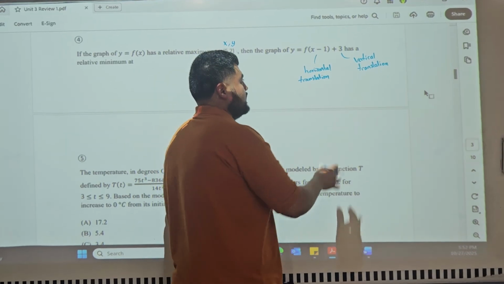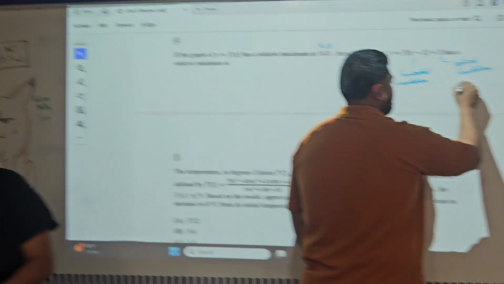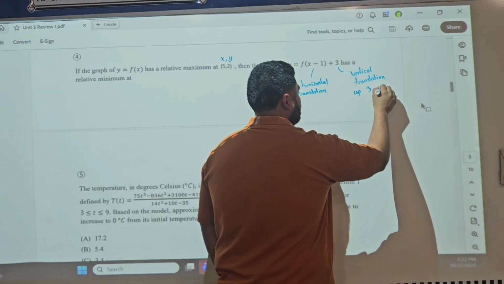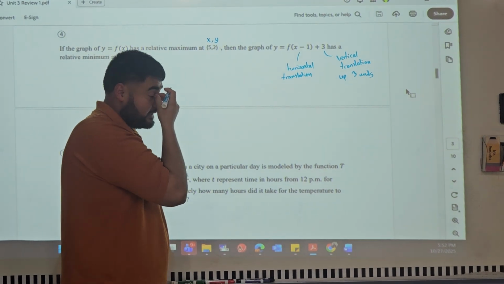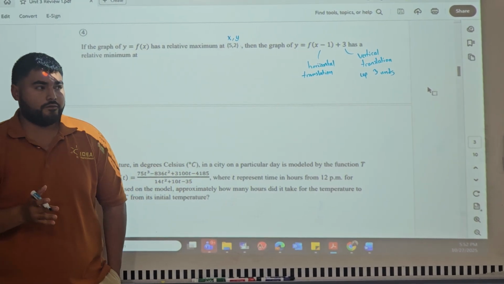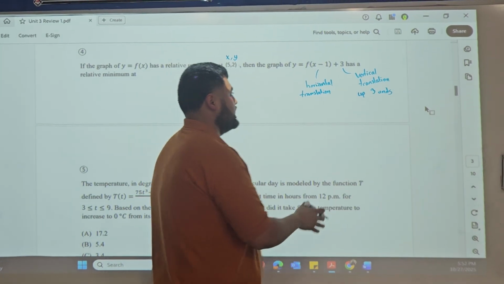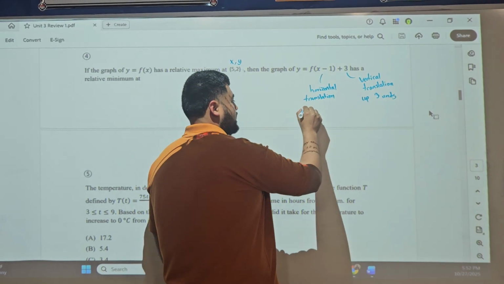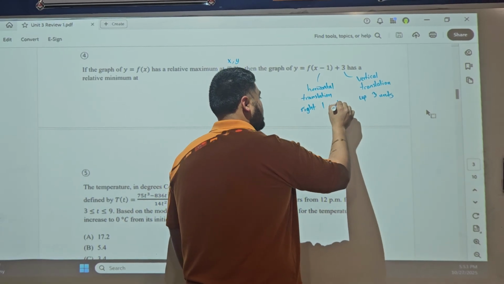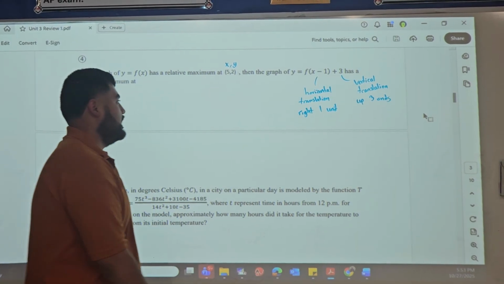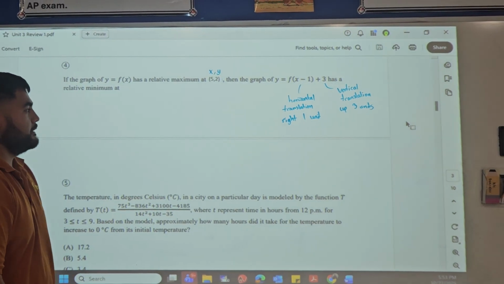That's vertical. Plus 3 means you're gonna go up 3 units. And this one, it's the opposite, anything inside parentheses. So horizontal translation, again, you think you're going to the left, but you're gonna go to the right 1 unit.